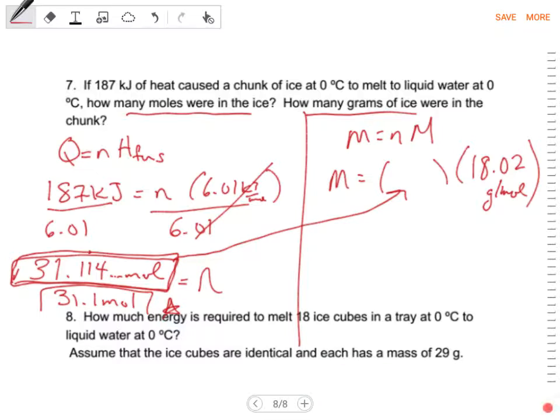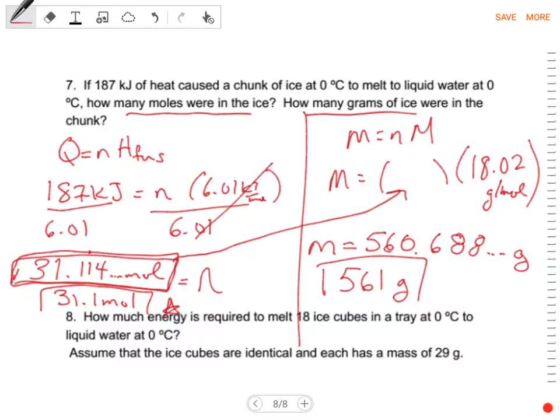It gives you a more precise answer. So when I'm answering this question, I'm not going 31.1, I'm actually going 31.1148, on and on. I'm going to multiply that by 18.02. That gives me an answer of 560.688, and so on, grams. We'll put it to 3 significant digits. That would be 561 grams.